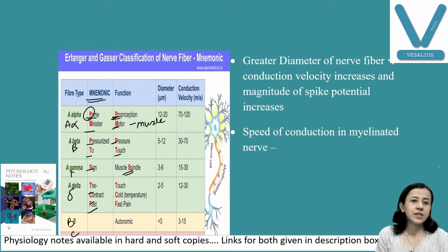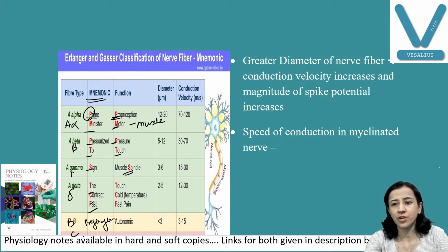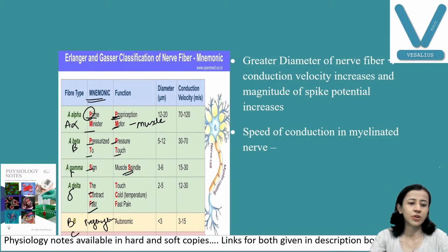A delta, the contract fast means touch, cold and fast pain. Okay, B fibers are preganglionic, parasympathetic, and C are postganglionic, sympathetic and parasympathetic both. Okay, preganglionic and postganglionic, B and C fibers. Fine. So this way you can remember functions also.